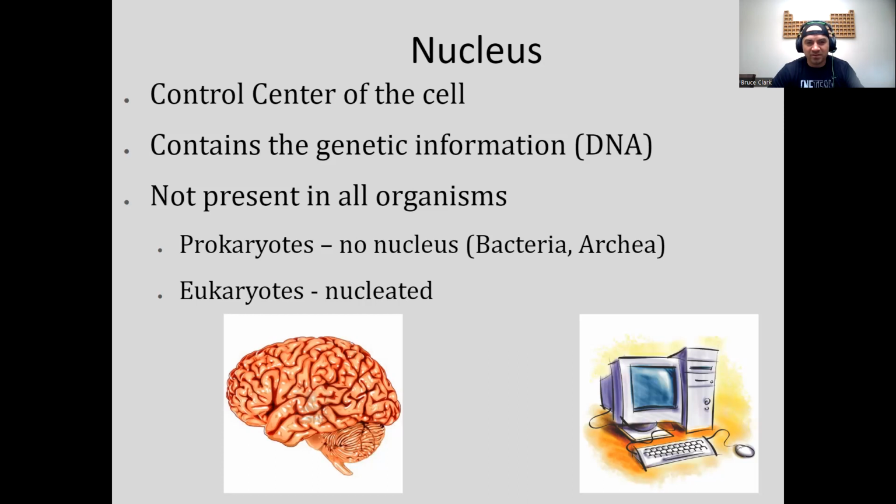Prokaryotes, meaning before nucleus, don't have that. They still have DNA. It's kind of loose in their cells. That would be bacteria, and then bacteria's ancient cousin, the archaea. And then eukaryotes is the category we'd fall into. Those would be nucleated cells. All right, so those are the eukaryotes.